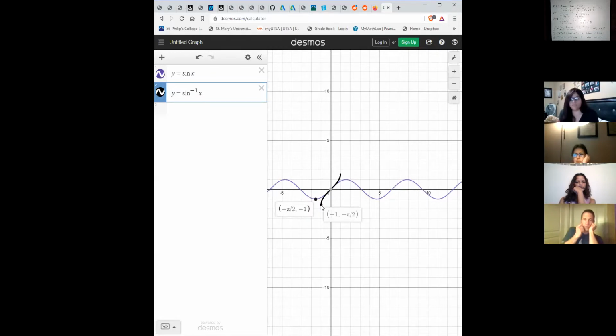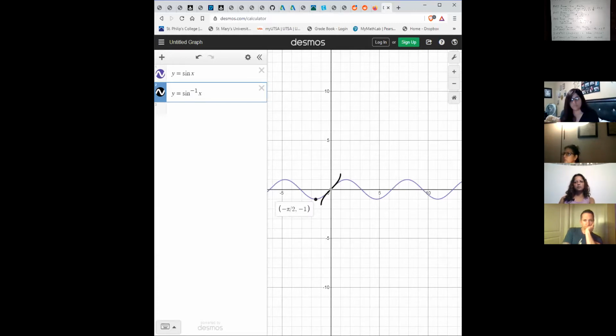When you have an inverse, the inputs become outputs and the outputs become inputs. It does the opposite, right? So you have one function that does something, then the inverse does the opposite. It undoes what the original did. That's the whole idea of inverse functions, okay?